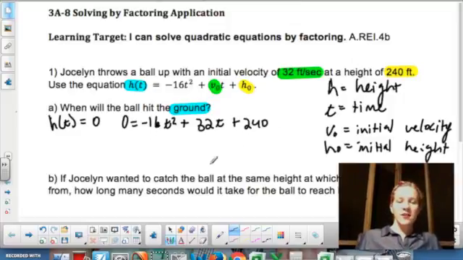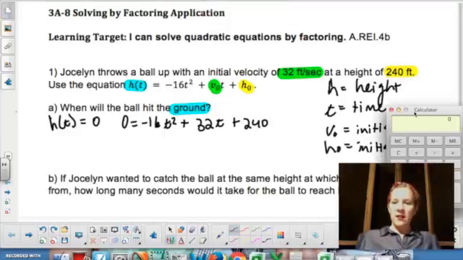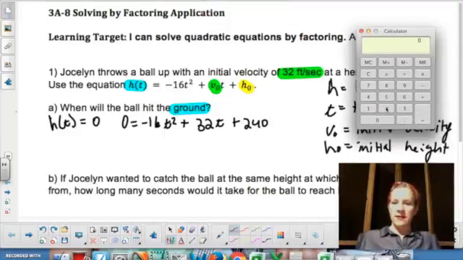Remember that if you're trying to solve a quadratic formula, the first thing you need to do is see if you can find a GCF and factor it out. Well, I know that 32 is 16 times 2, so I'm thinking maybe I'm going to be able to factor out that negative 16 there, but to make sure, I'm going to pull out a calculator and divide 240 by 16, just to make sure that that's a factor.